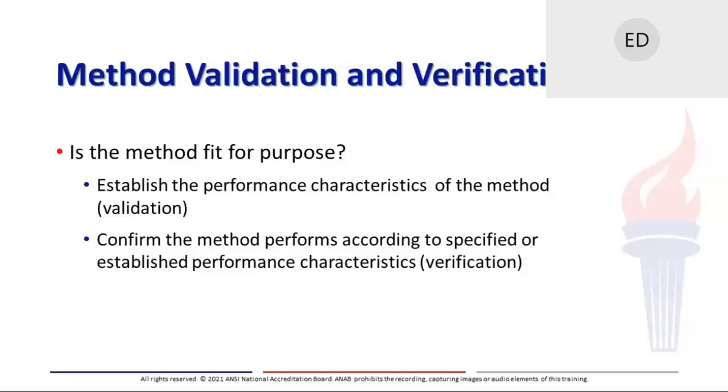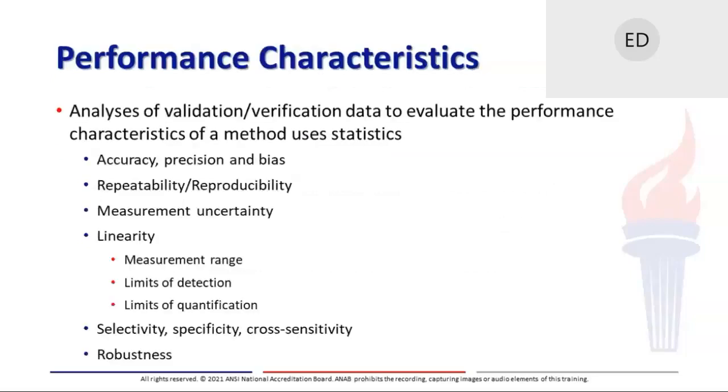But let's get into some of these performance characteristics. So some of the performance characteristics that are often reviewed or analyzed during method verification or validation are listed here, from accuracy, precision to bias, repeatability, reproducibility, even measurement uncertainty, as well as things like linearity, selectivity, specificity, cross-sensitivity, or robustness.